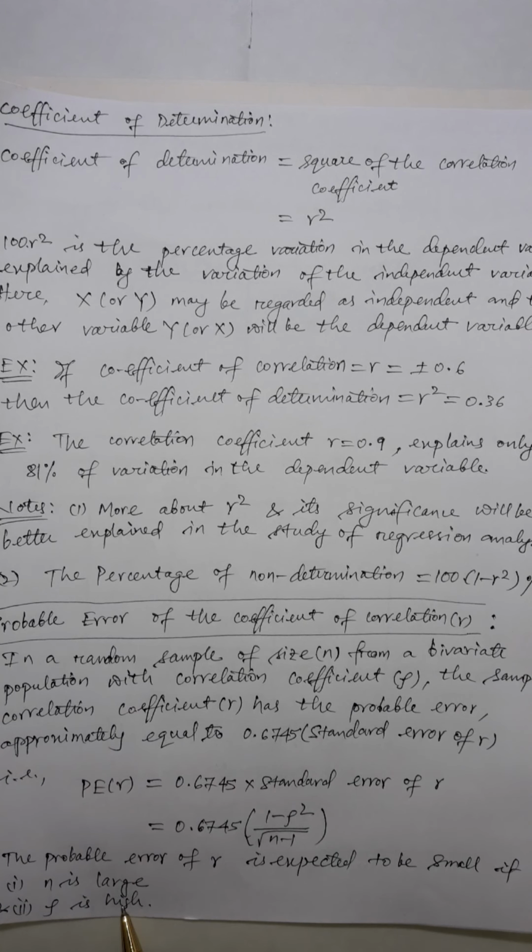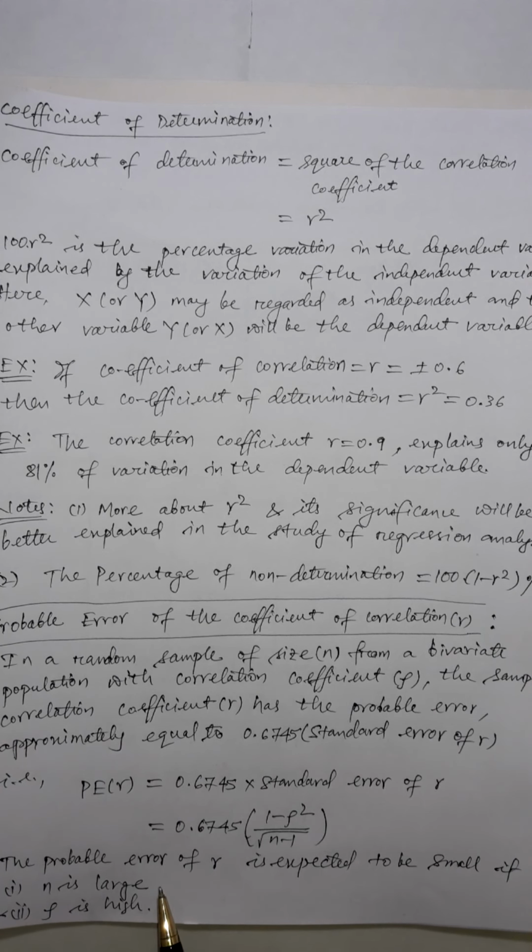If the correlation coefficient is high and the number of pairs of data in both series is large, then there is a chance that the probable error will reduce to a smaller value.